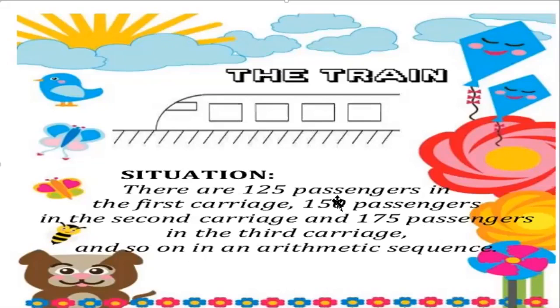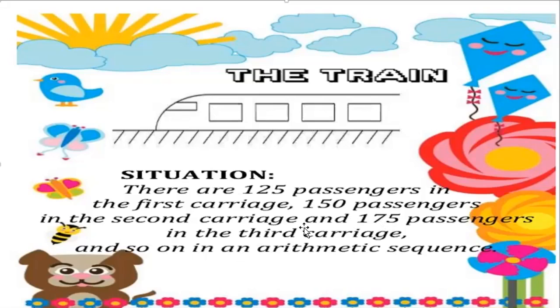Students, I hope you understand what is a carriage. It is trains में अलग अलग compartments होते हैं, अलग अलग डिब्बे होते हैं, तो उसकी बात कर रहे हैं कि first carriage में 125 passengers हैं, then it increases by 25 passengers in the second carriage, and again can you see it increases by 25 passengers in the third carriage.